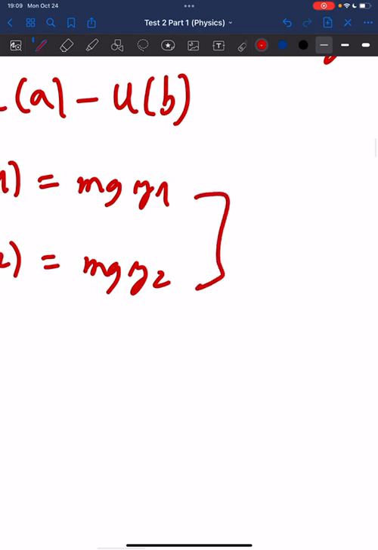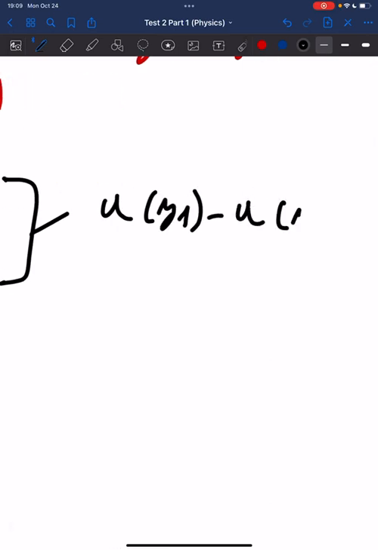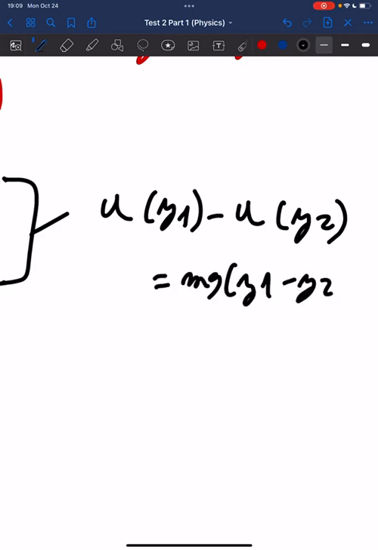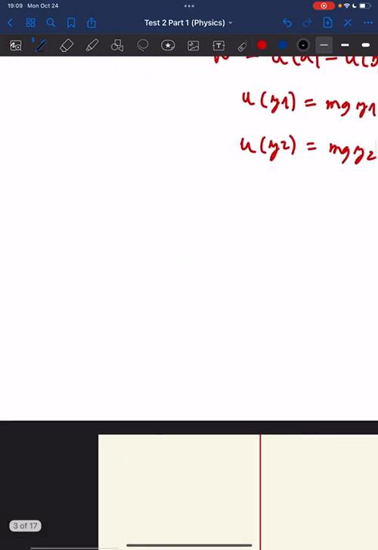Both of them will give me, in this case, the formula for the potential energy. It will be mg times y1 minus y2. We multiply mg by both terms, I mean.